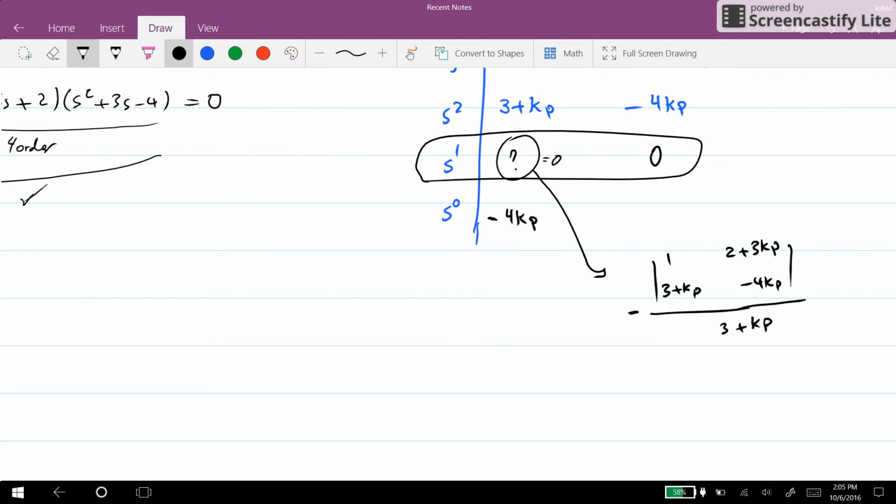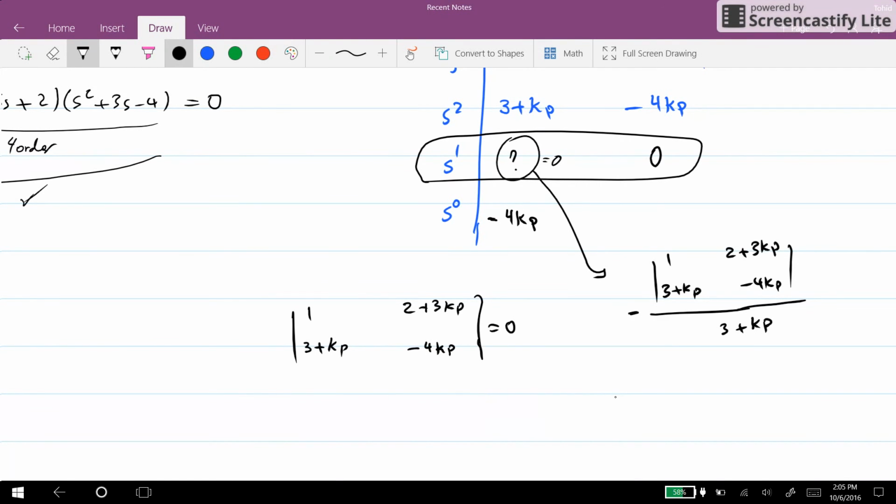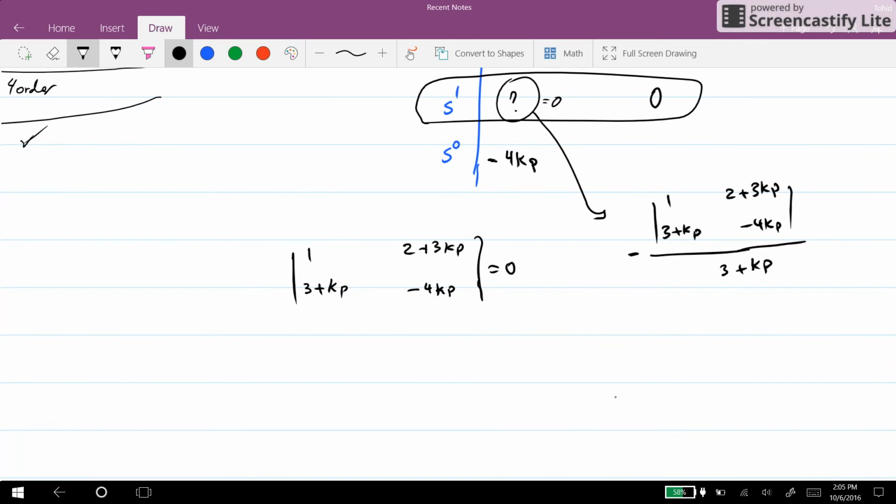So let's see how we can have this situation. We need to have the determinant of 1, 3 plus Kp, 2 plus 3 Kp, and minus 4 Kp equal to 0. We will have minus 4 Kp minus (2 plus 3 Kp) times (3 plus Kp) equal to 0.